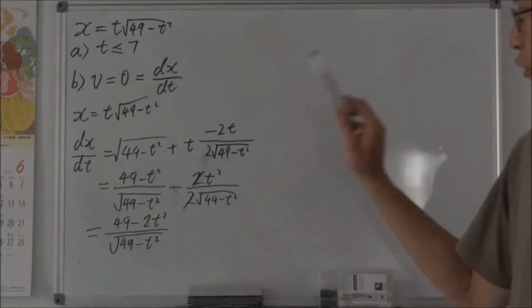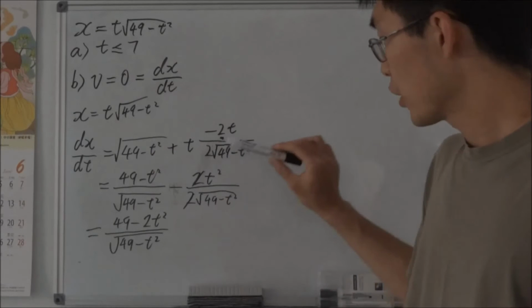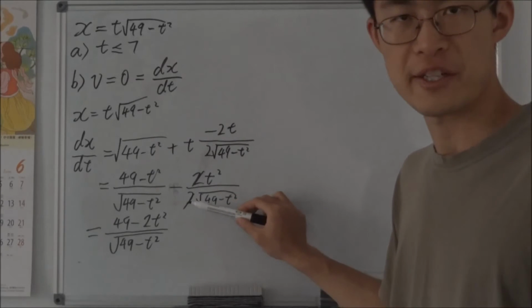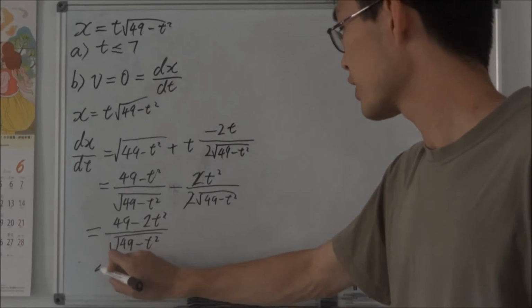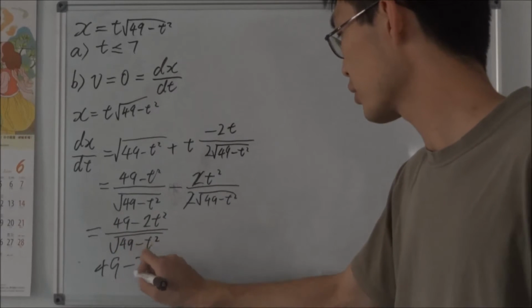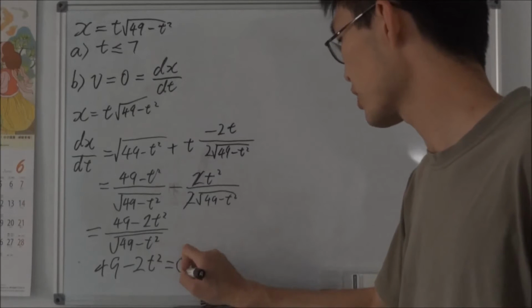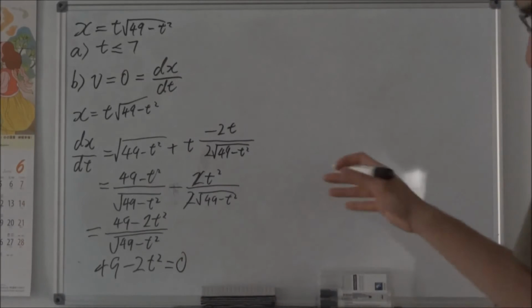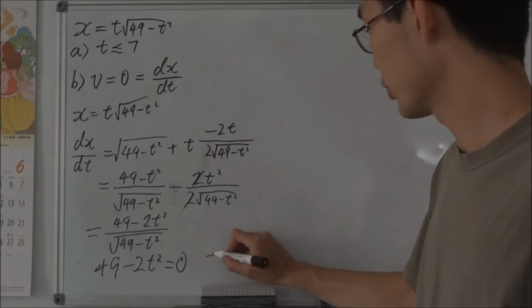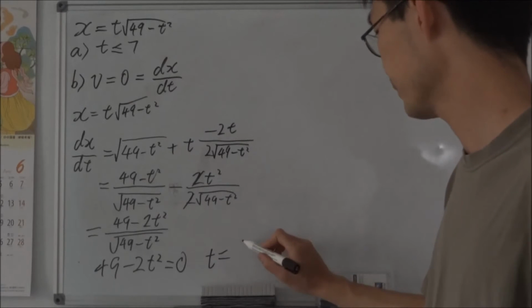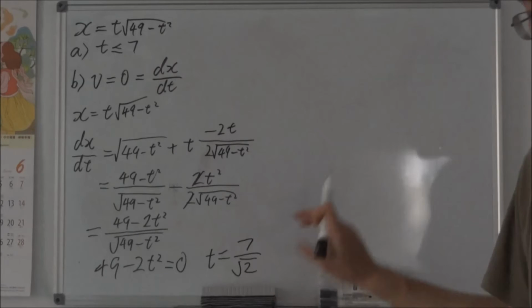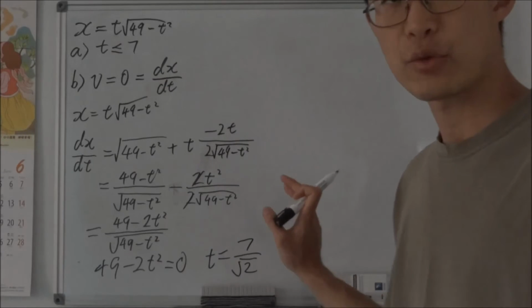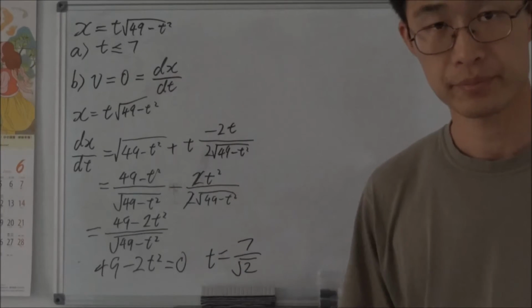So for this equation, we only have to make sure that the numerator equals 0. So we have to make sure that 49 minus 2t squared equals 0. And to solve this equation, t would have to equal 7 over root 2. So t equals 7 over root 2 is when the particle comes to a stop.